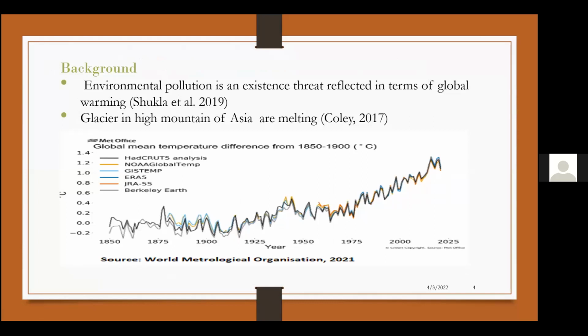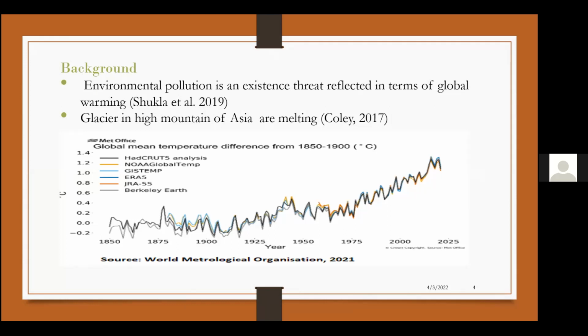Environmental pollution is an existential threat to humanity due to the global warming problem. When we look at what is happening currently, the glaciers in the high mountains of Asia are melting down.